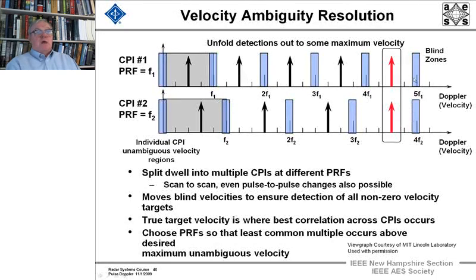And the way you do that is you just look down and take this target, which let's just say is in filter 3, and this is 1, 2, 3, 4. And then what you do is you just unfold, always putting this detection into its place, where this is n times the blind speed.